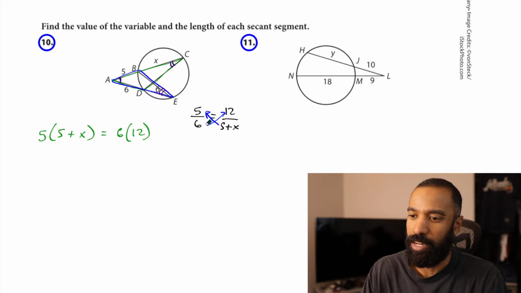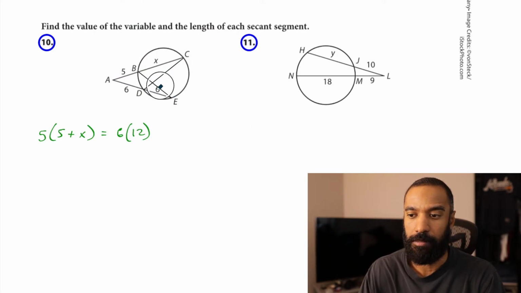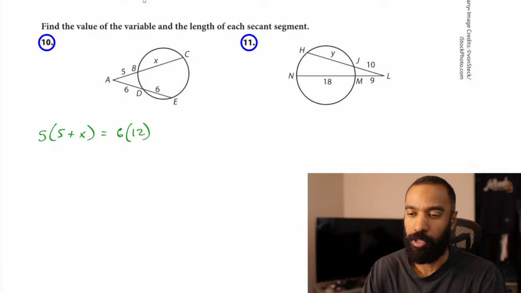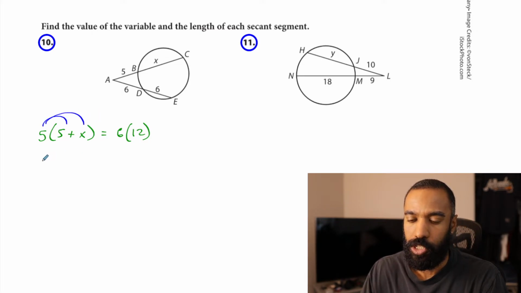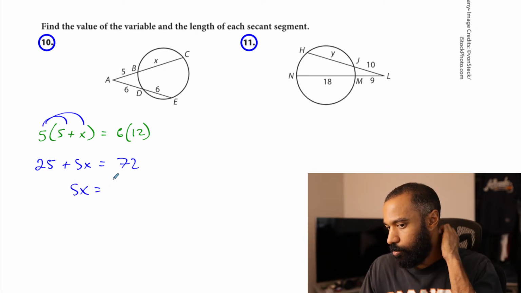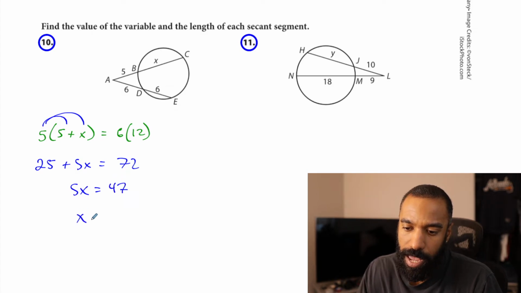So there's the setup again: outside times whole equals outside times whole. Some of these may introduce quadratics, depending on if you're multiplying multiple x's. In this particular problem, no. So we distribute and get 25 plus 5x equals 6 times 12, which is 72. Subtract 25 and we get 47, and x is 47 over 5, which is 9.4.